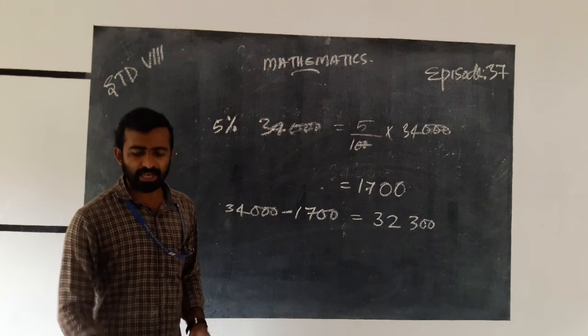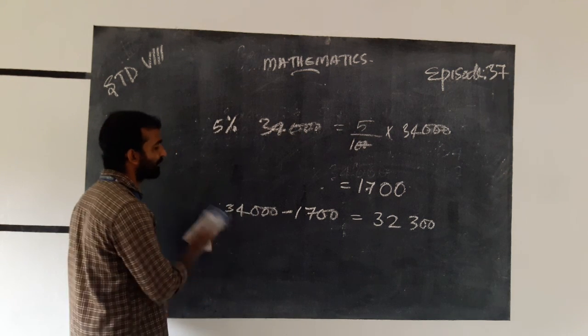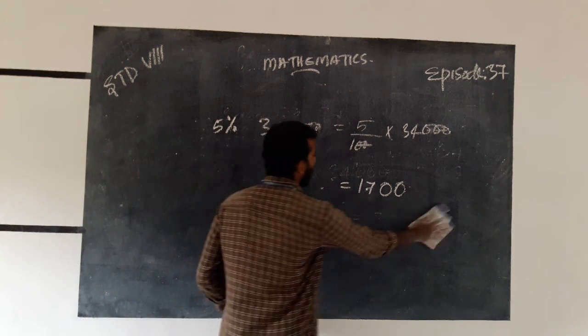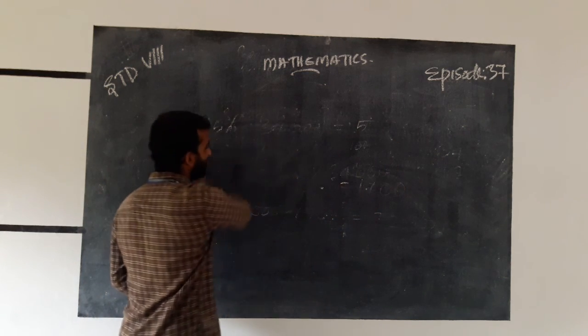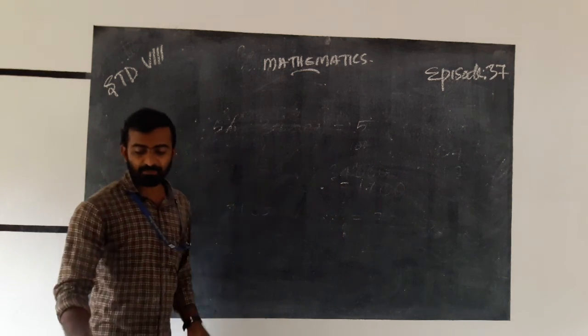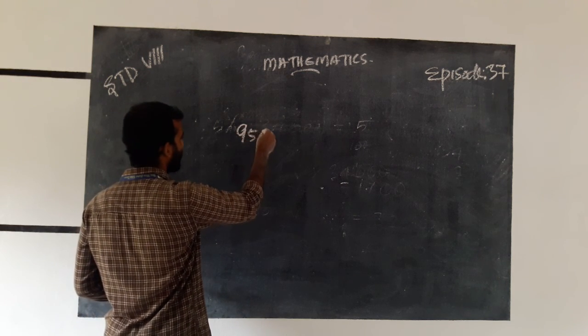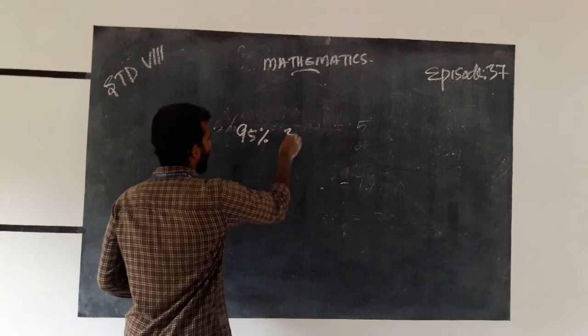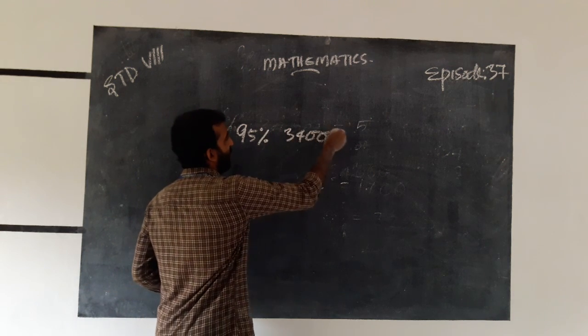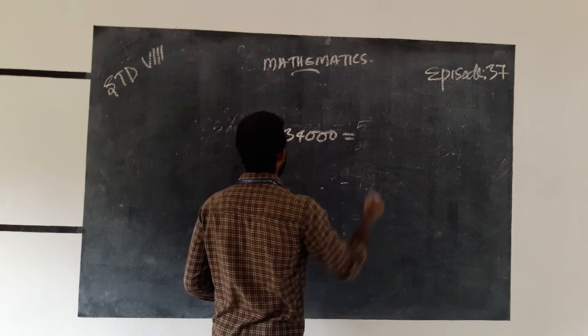In another method, 5% is decreasing, that is 5 is decreasing from 100. So we find 95% of 34,000.